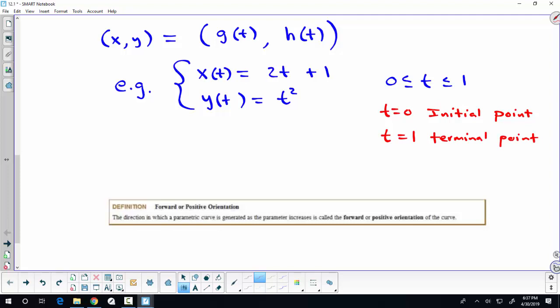So there is a little bit of difference, although it describes the same sort of functions or curves. Typically, when t is restricted, they have initial and terminal points, and a specific direction in which the curve unfolds.